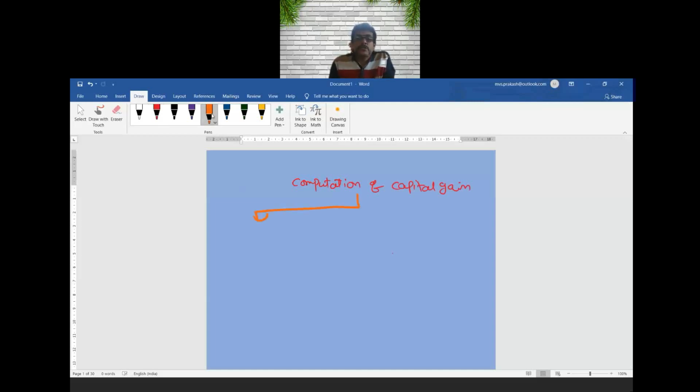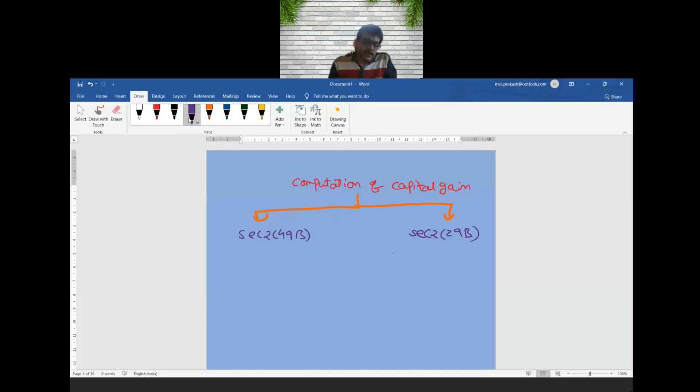The first section is section 2 subsection 42b, then section 2 subsection 29b.